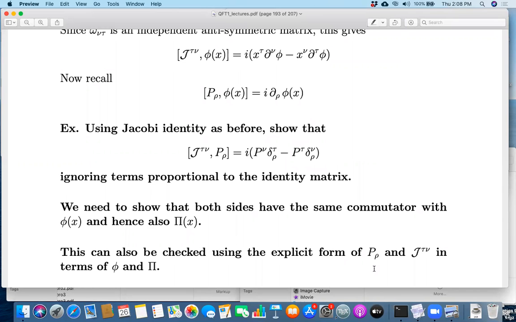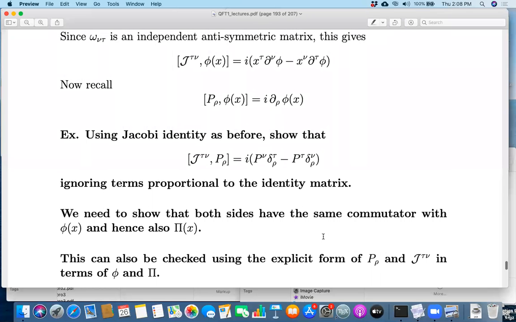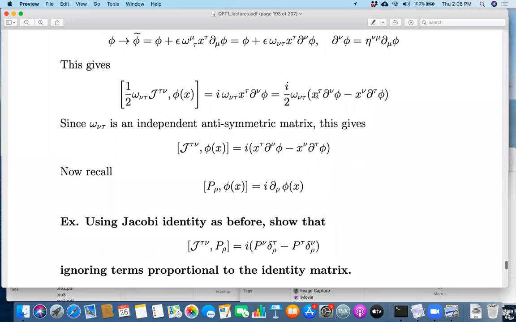Any other question? Maybe I should have said it in a different way. J indeed has an explicit x0, x. But when you apply this here, suppose you say the J tau nu commutator with P rho, with phi, is this commutator with phi, and now you're taking the derivative on both sides. The derivative of J, of course, is 0. Right?